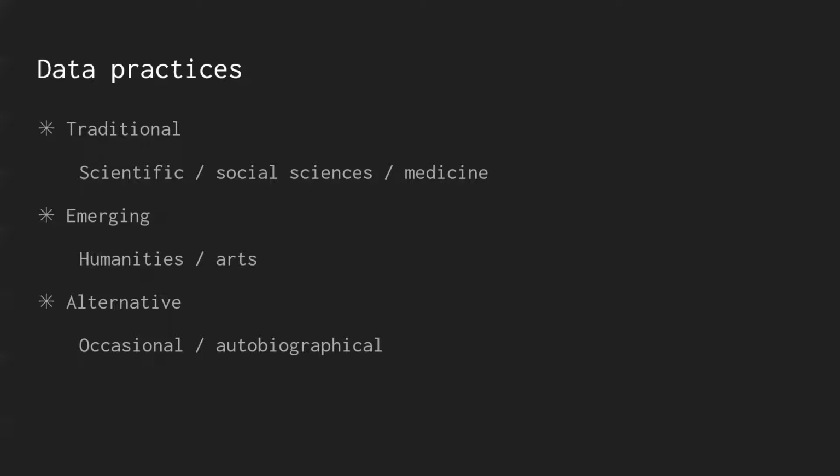The third is going to be the focal point of this presentation, which are alternative practices. So data in this category can be described as occasional, autobiographical, or maybe sometimes personal. This is data that's typically collected or created outside the academy. It's not funded and there is no position associated with it, and oftentimes no prestige.